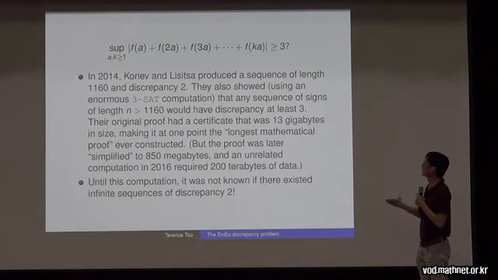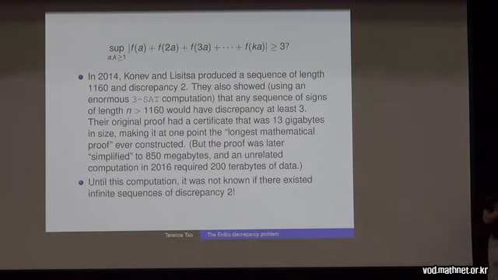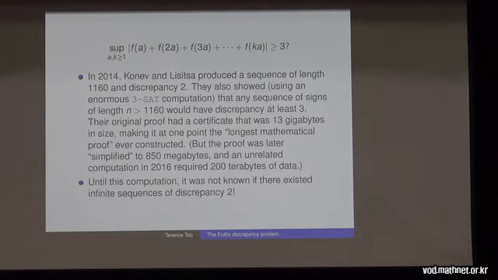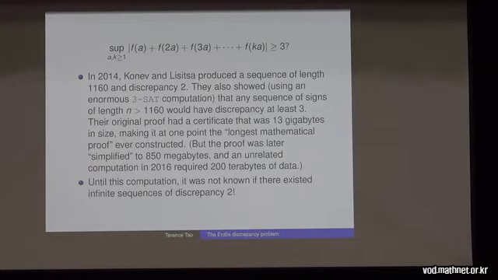Although they later simplified it to only 850 megabytes. And then later on, there was a completely different calculation, which was 200 terabytes. So they don't have the world record anymore. But until they did this, it was not known whether you could have a sequence of discrepancy 2 or not.